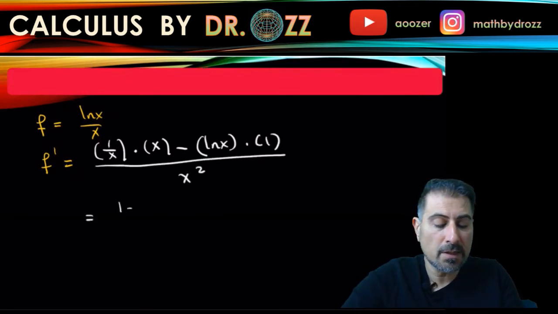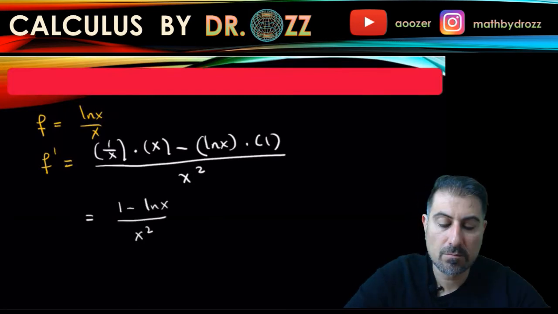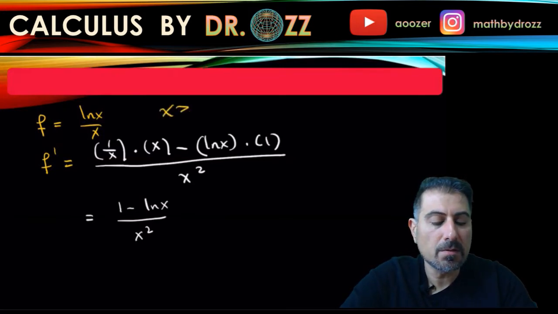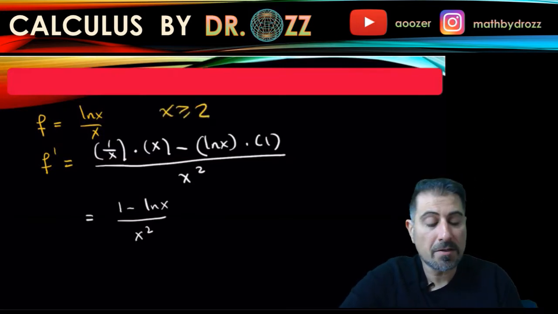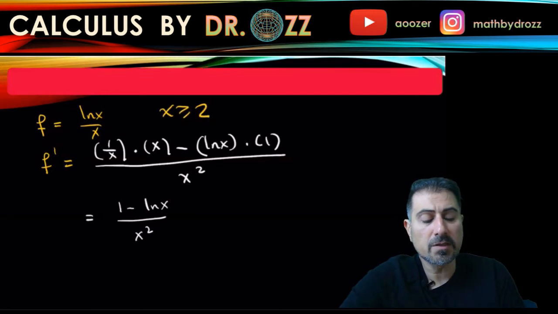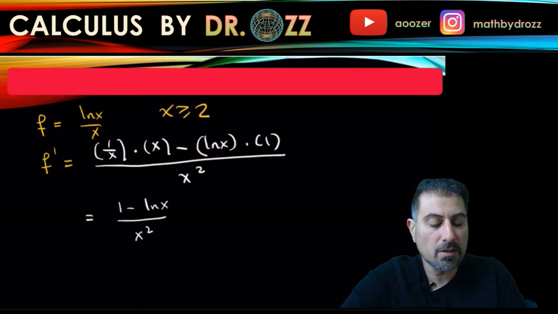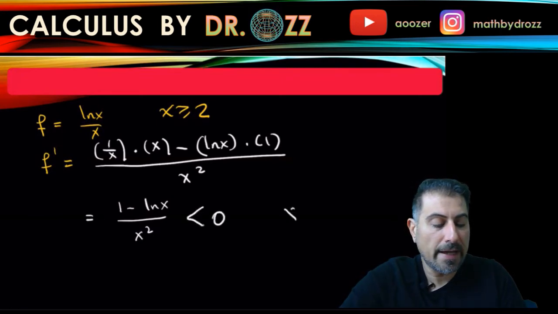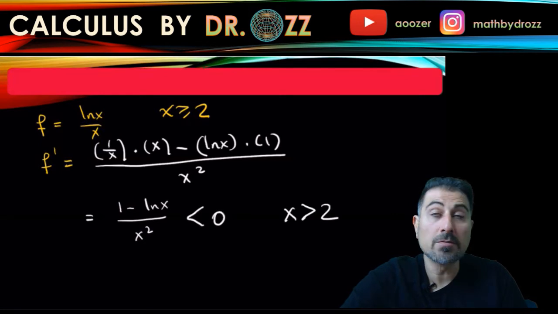It's 1 minus ln x over x squared. Well, here we consider x's to be greater than or equal to 2. You can go ahead and check that this is negative for x greater than 2.